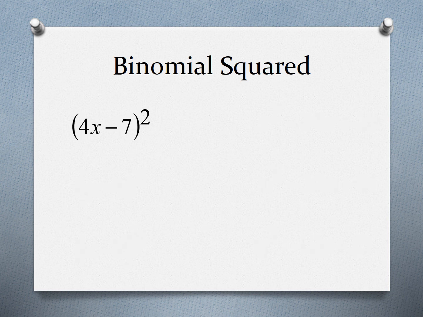Recognize the pattern. We also note, even if the first term has a coefficient other than 1, in this case, x has a coefficient of 4, that's okay. We still need to square the first term, square the last term, and in the middle, multiply the two terms and then multiply them by 2.